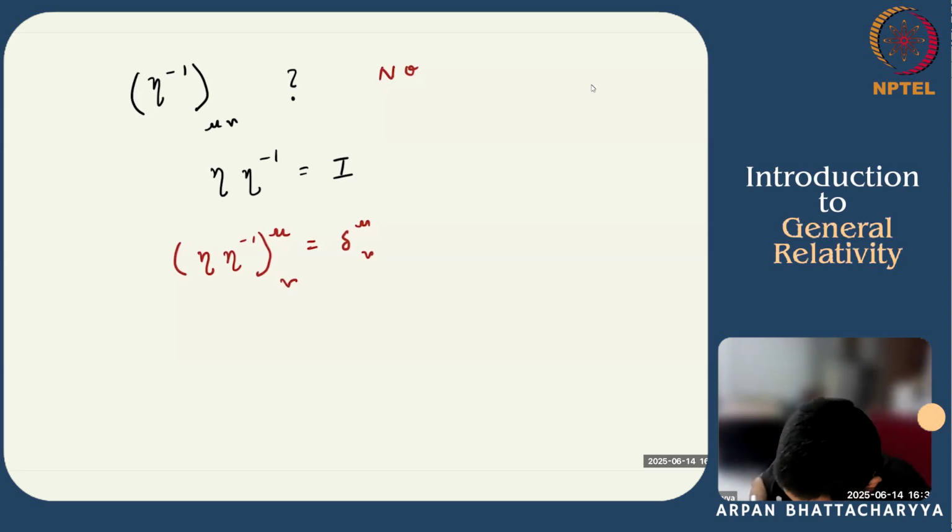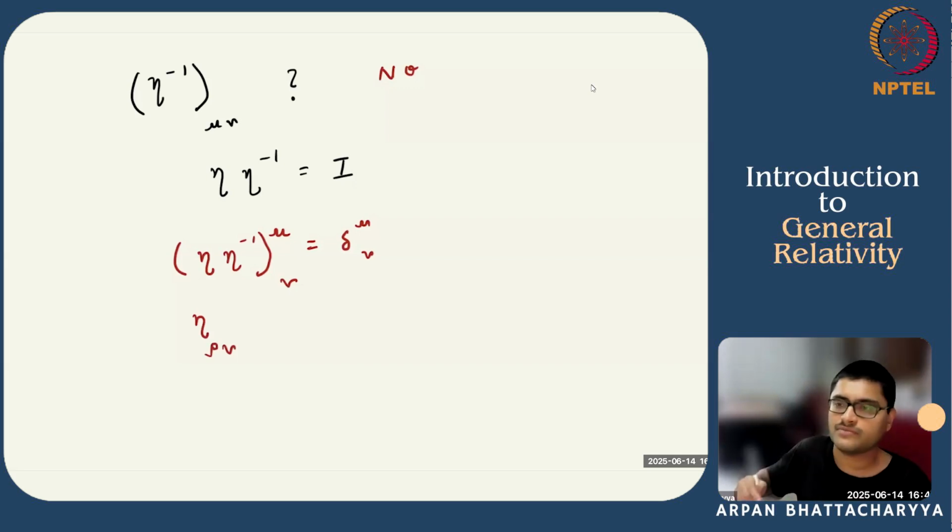So now we know that eta is a (0,2) rank tensor. So the component of it should be denoted by two lower indices. So this lower index goes to eta mu, and there should be another one.